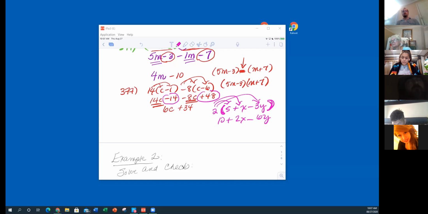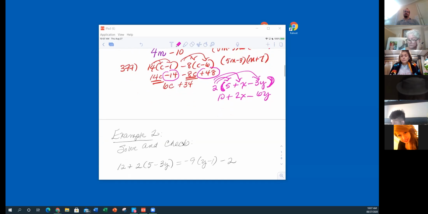Is there ever a time it would be non-distributable? Only if it had a variable next to it on the outside. If it was like this, 2 minus 5 plus x minus 3y, that would be a minus 1 in front there, and you'd have to do the distribution with the negative 1 first, and then the 2 would come at the very end.